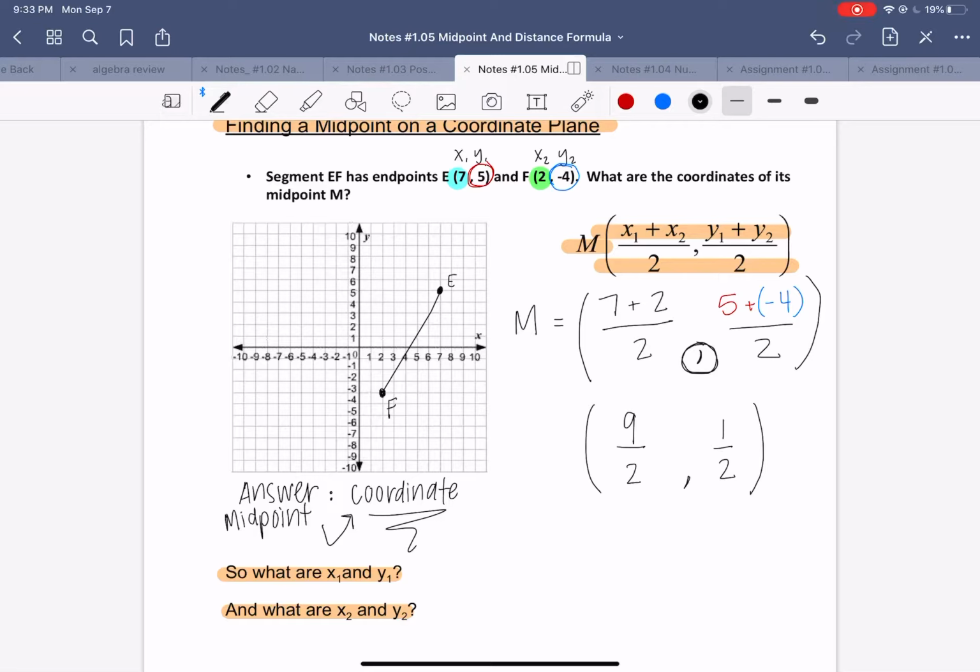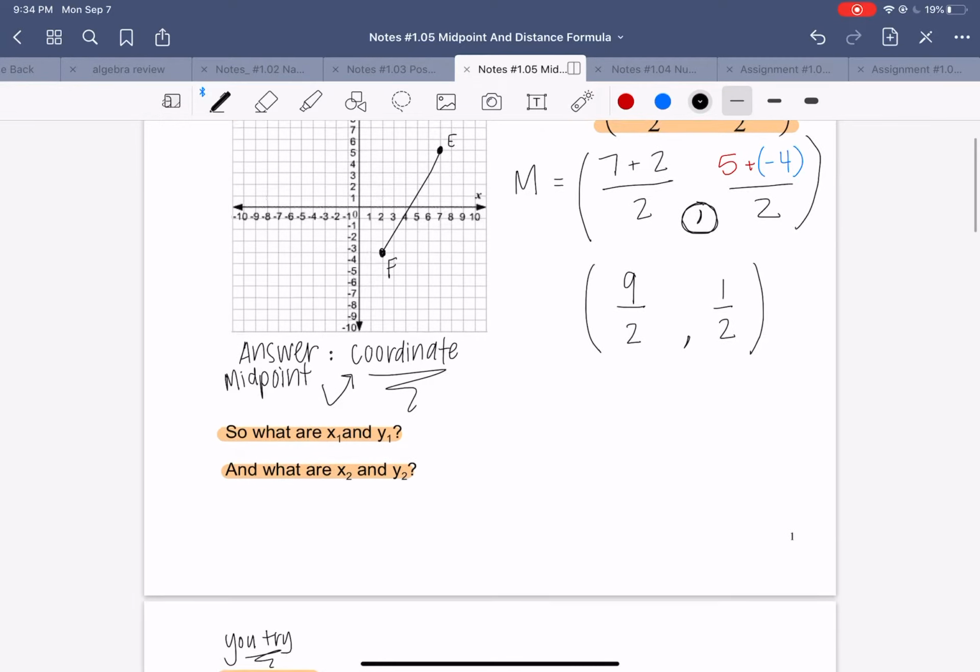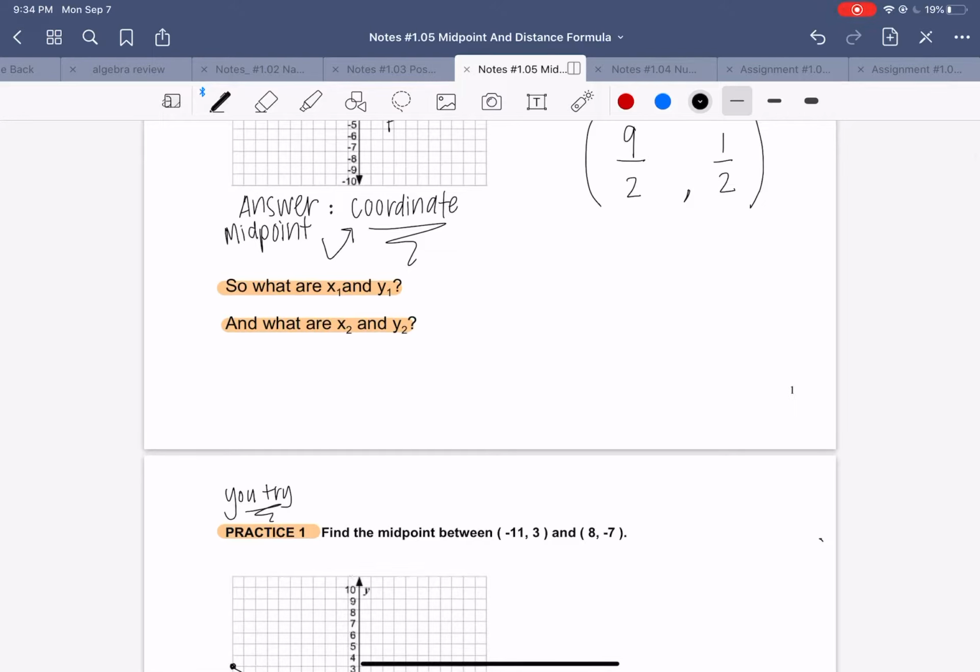So how to be successful with finding midpoint on a coordinate plane is really just taking this formula right here and making sure you just plug it in the right way. So what are your x1 and y1?